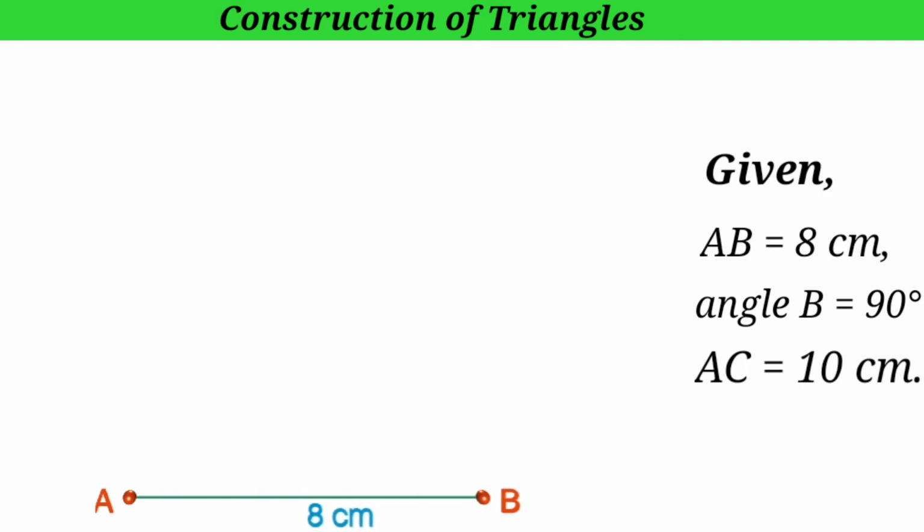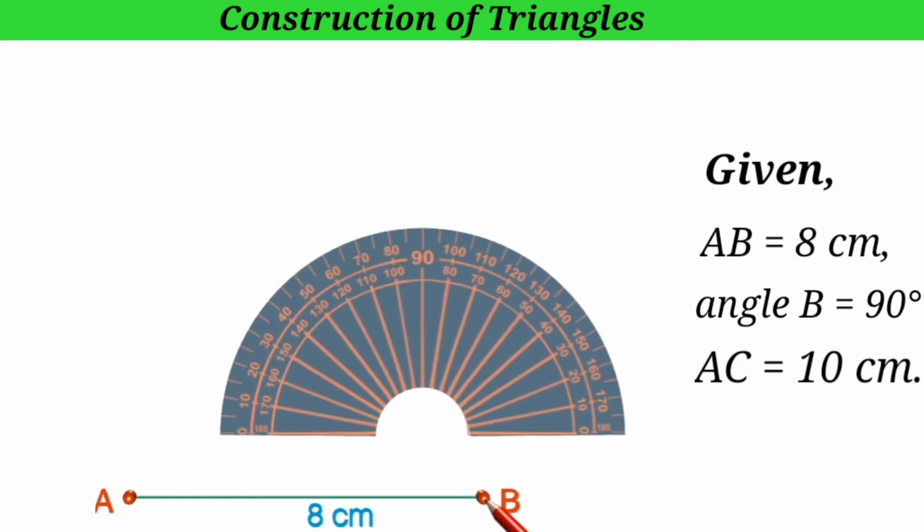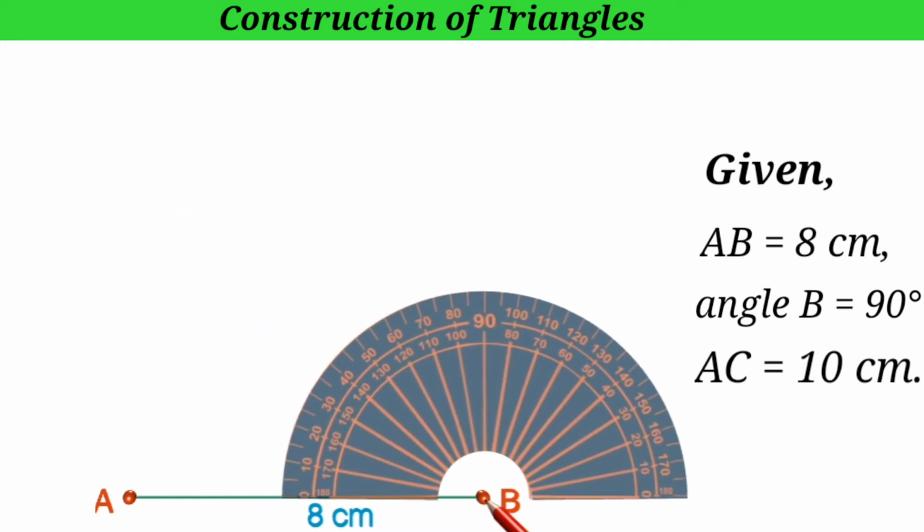So next what he has given, angle B is equal to 90 degrees. So for that you have to take the protractor and place the midpoint of the protractor on the point B and the zero line of the protractor should coincide with the line segment AB. So like that you have to place the protractor.